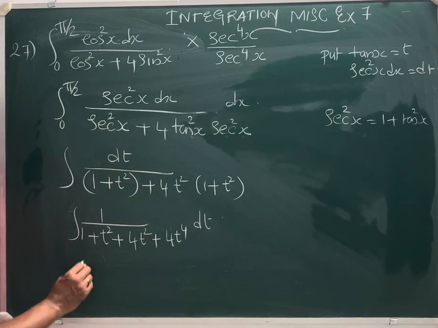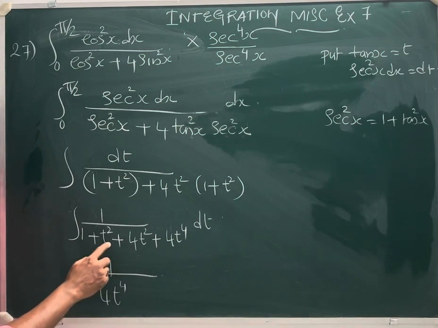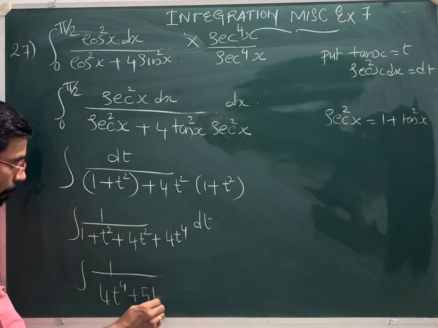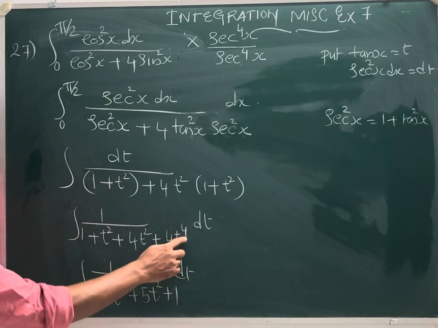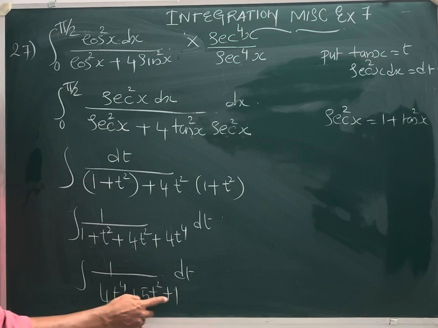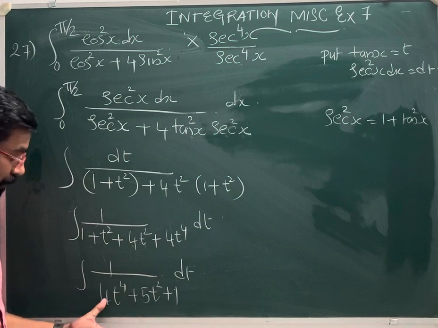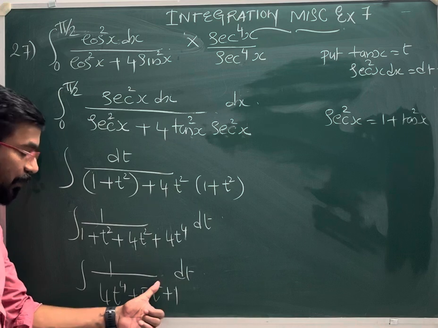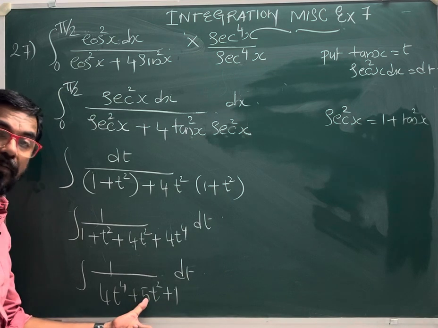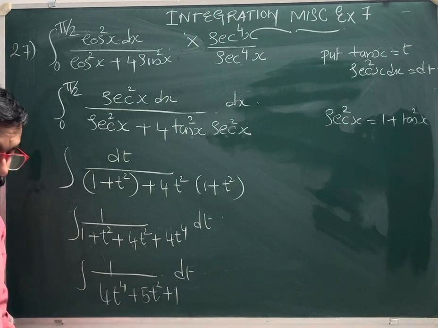Now this can be further written as 1 by 4t power 4 plus 5t square plus 1 dt. 4t power 4, 4t square and t square will become 5t square, plus 1. Can we factorize this like a quadratic? Because here it is a quadratic in t square. When you add you should get 5, multiply you should get 4. Which are the numbers? They are obviously 4 and 1 itself.